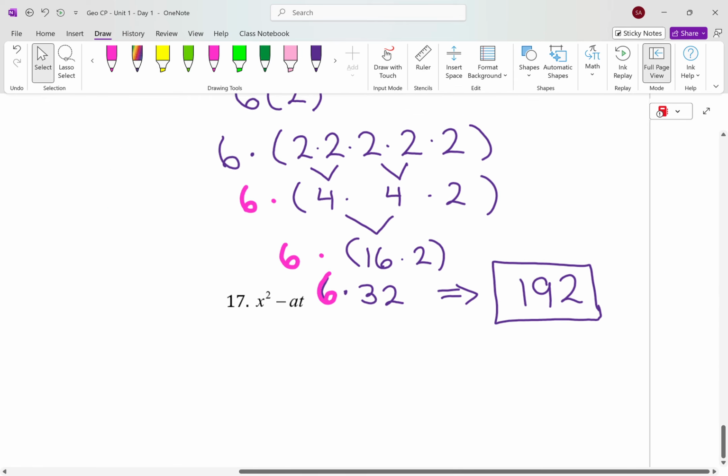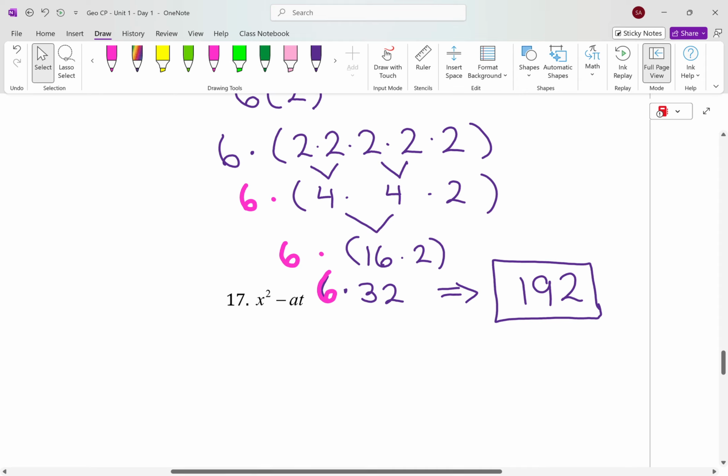Number 17. You guys are trying 17 right now on your own, and then as soon as you're done, you're going to hold it up so I can check for you. If you need help, raise your hand and I'll come over and help you.